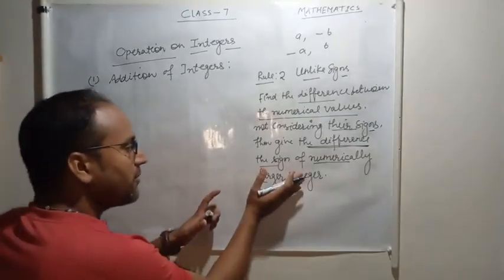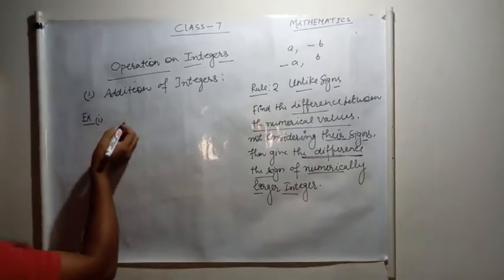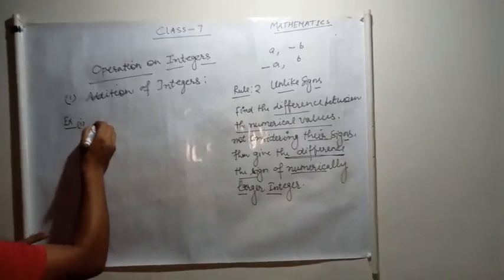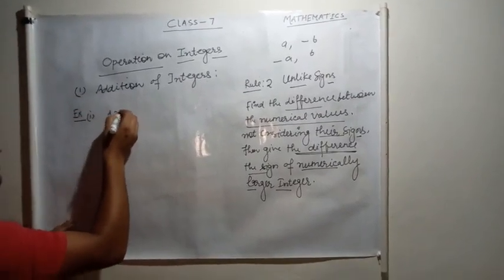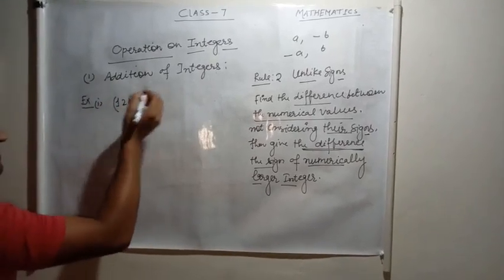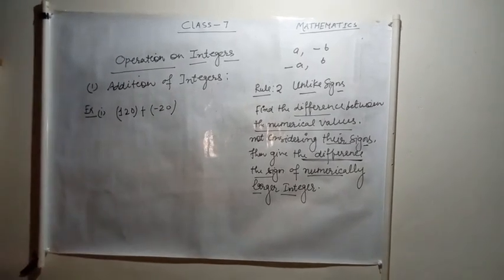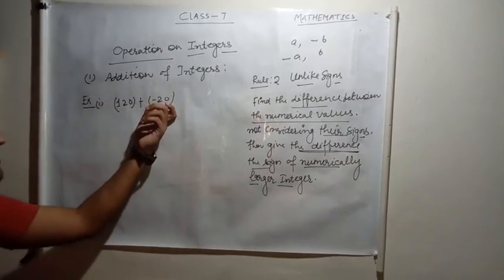Okay, so I'm going to show this with an example. Suppose I take 122 as the first integer plus minus 20. This is positive and this one is negative.